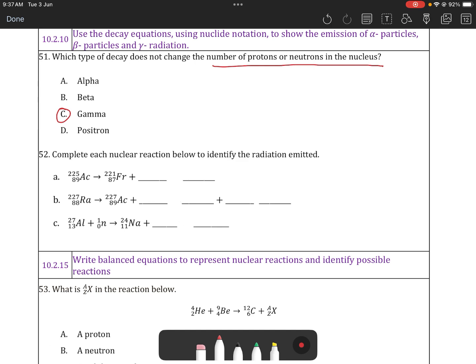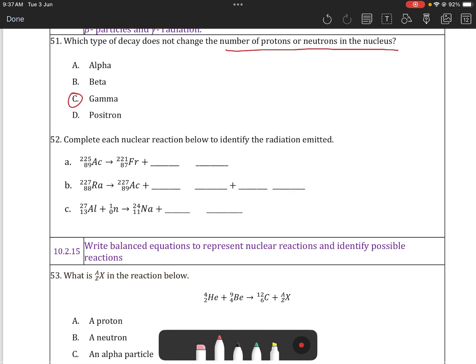Clearly, from the first equation, A has been reduced by 4 and B has been reduced by 2. So which decay do we have here? We have alpha, which is helium 4, 2. Next one. Here, the number of nucleons stayed the same.